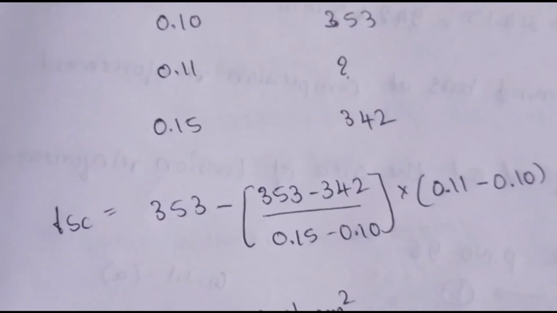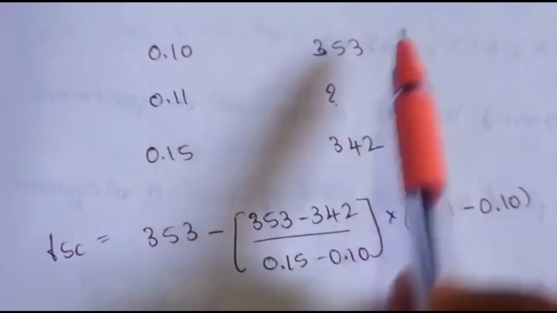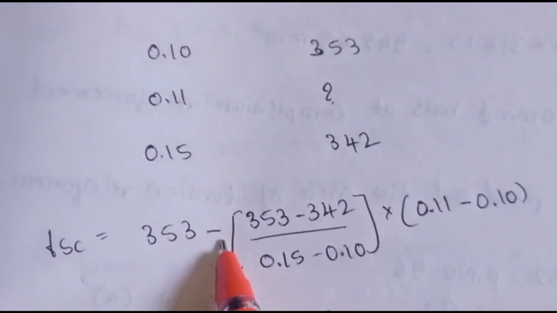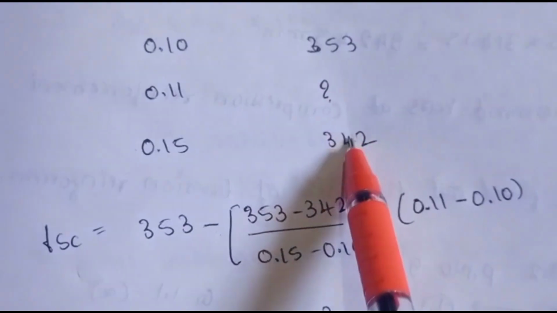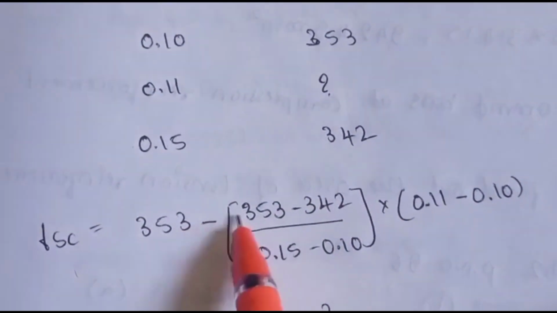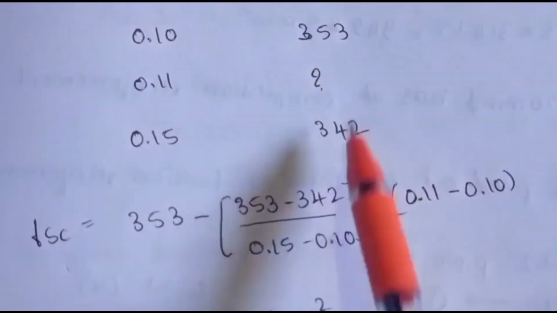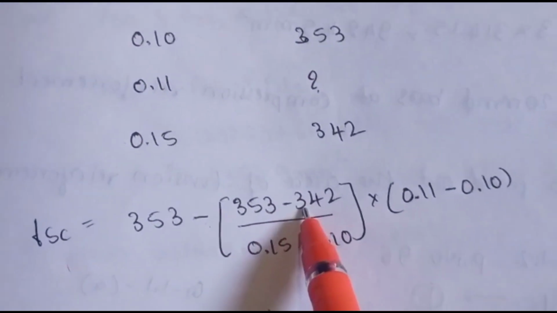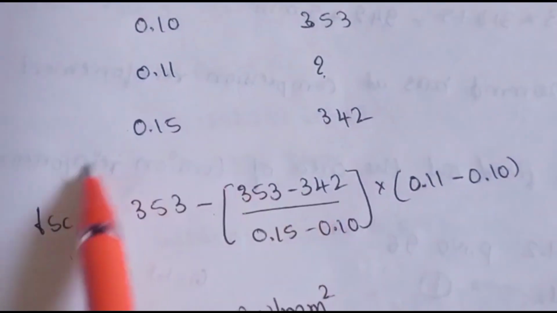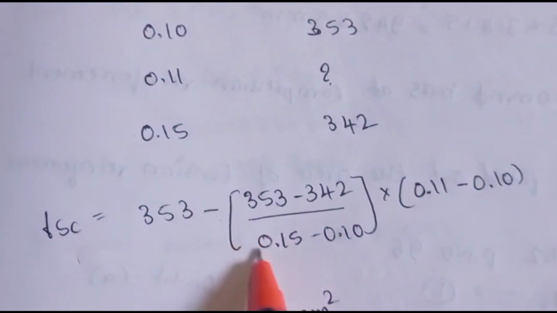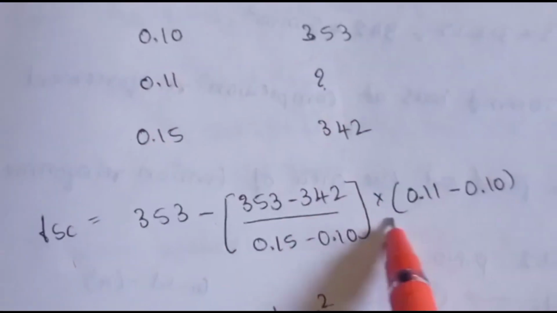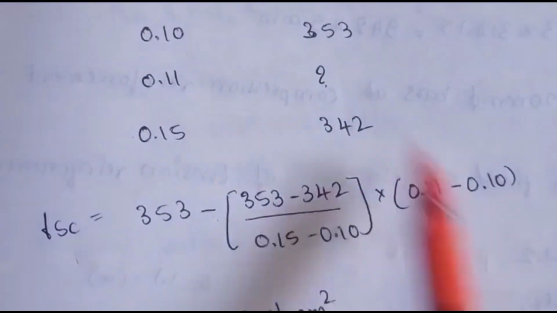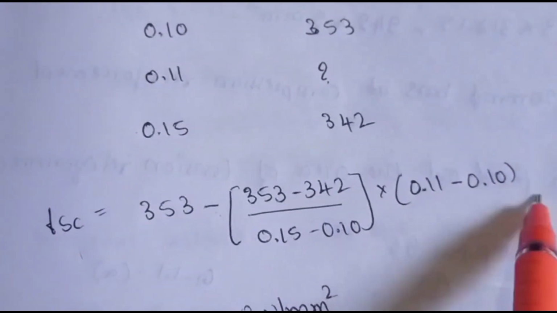We'll see. So our Fs is equal to 353 minus, since this value goes on decreasing I'm taking minus, greater value minus least value: 353 minus 342, divided by greater value minus least value, 0.15 minus 0.10, into the value which we want to find out, that is 0.11 minus the least value 0.10.